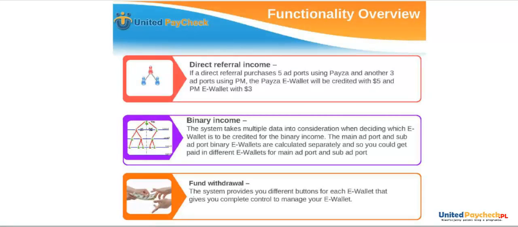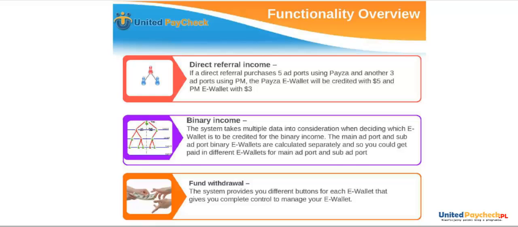Thank you. Okay. The fourth one, which is the direct referral income. Now, any direct referral commission that is paid for an ad port which is purchased will be credited in the currency used to purchase that ad port. So if that ad port is purchased using Payza, then your Payza e-wallet will be used to credit the commission for that ad port.